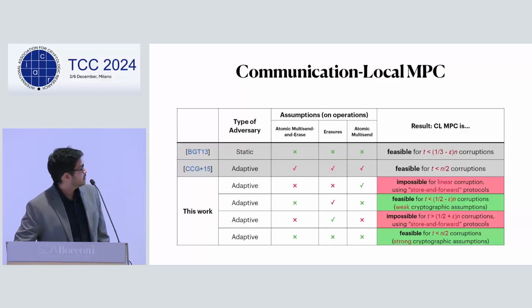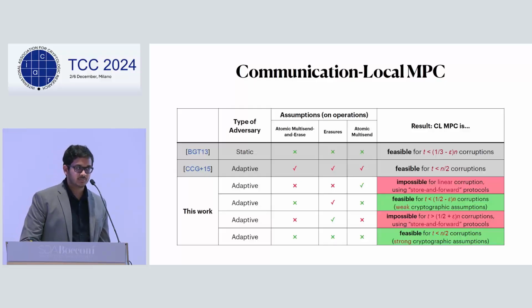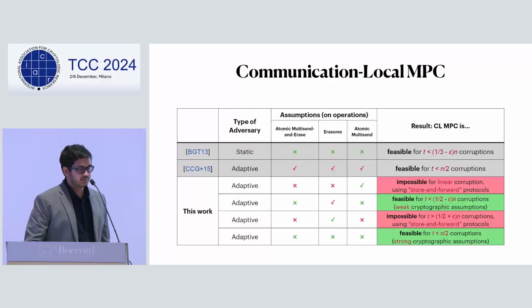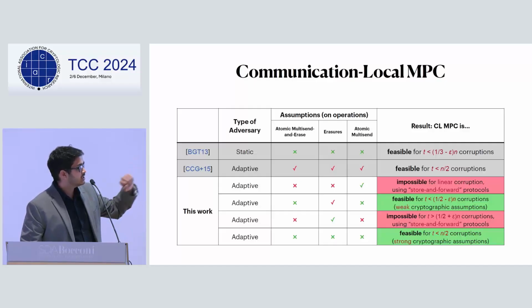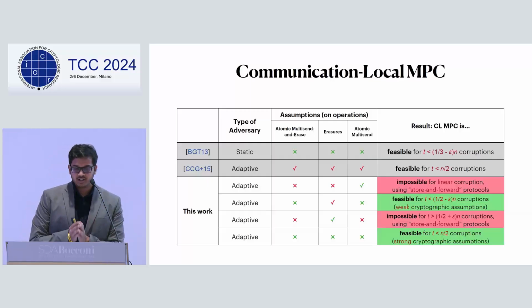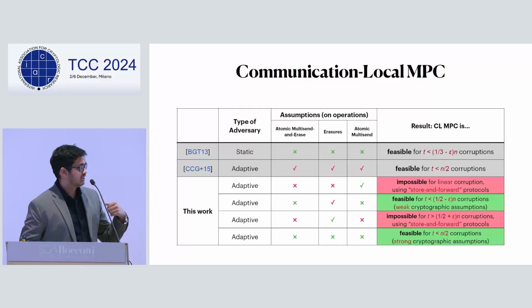So you can see the first result by BGT 13 considered static adversaries, and they showed that CLMPC is feasible for strictly less than 1/3 minus epsilon corruption. This was improved by the work of Chandran et al. in 2015, where they extended it to adaptive security, and they showed feasibility for an honest majority, but assuming an atomicity assumption on an operation called atomic multisend and erase, which is essentially this operation where a party can multi-send a message to a bunch of receivers and then erase the identities of these recipients from its internal state, all before the adaptive adversary can come and corrupt it.